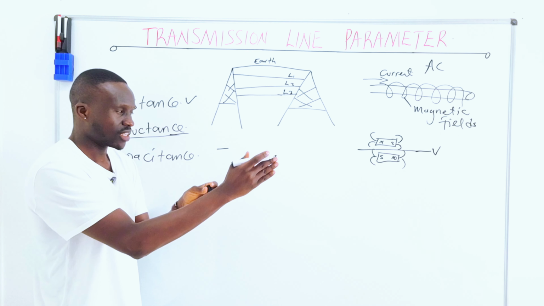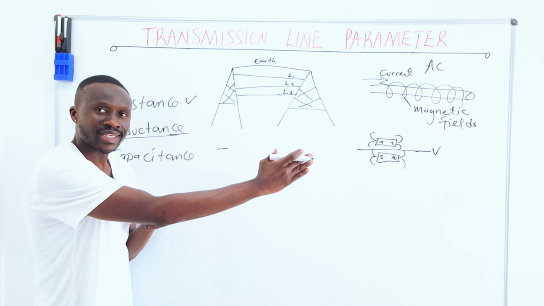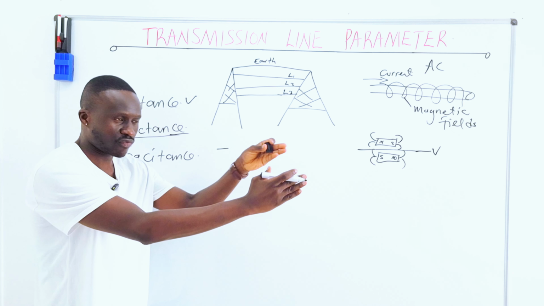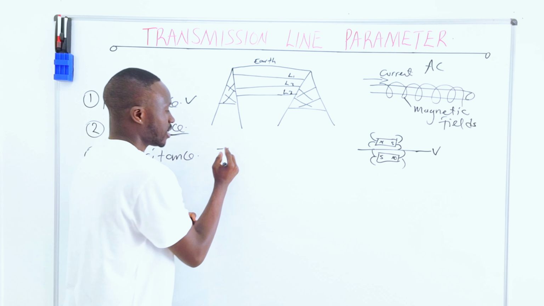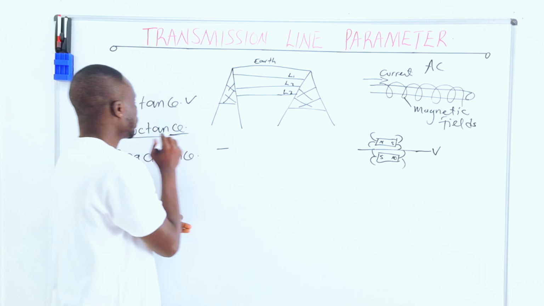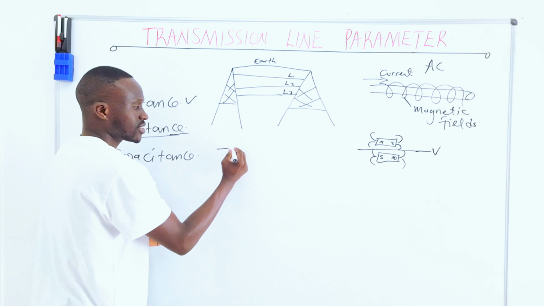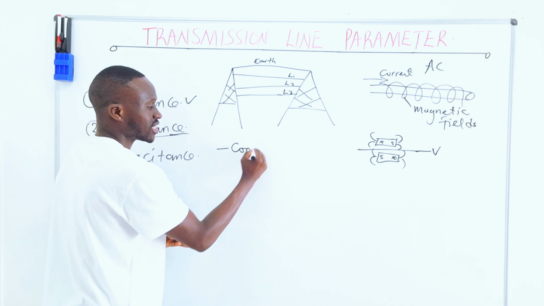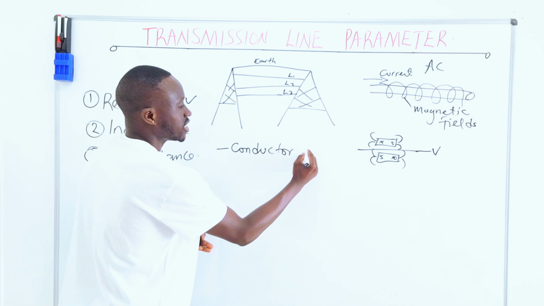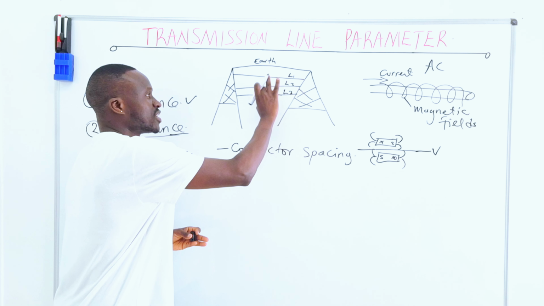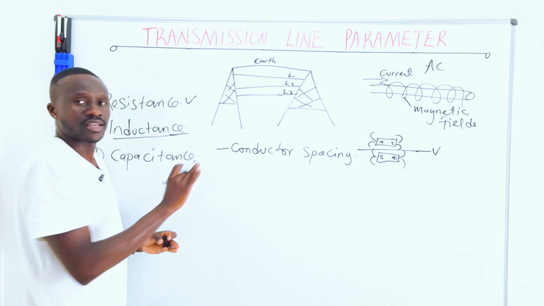Because we said one conductor is carrying magnetic fields around it when voltage is passing through it. One of the factors of this inductance is the conductor spacing.